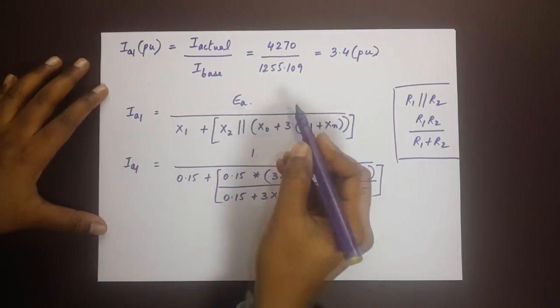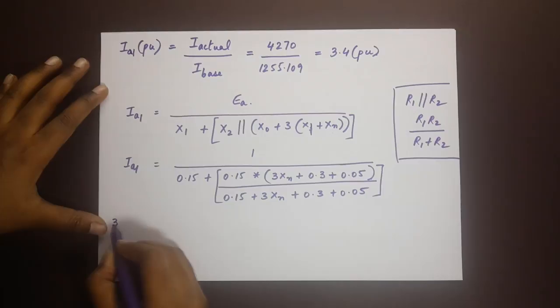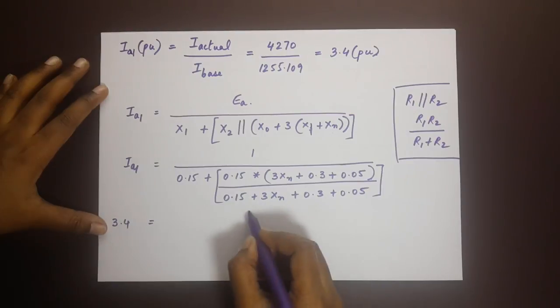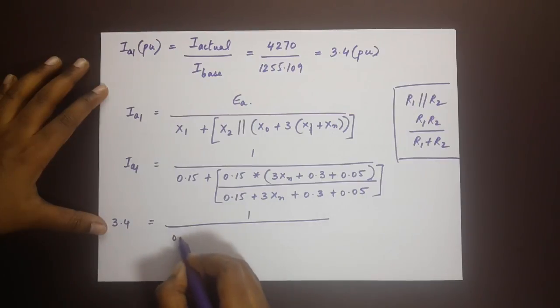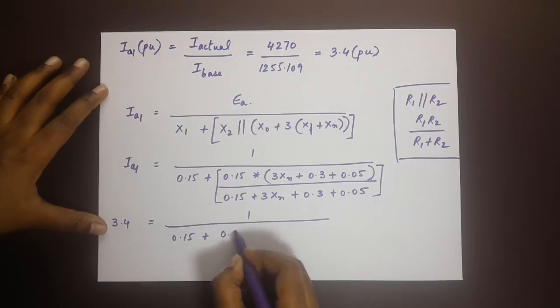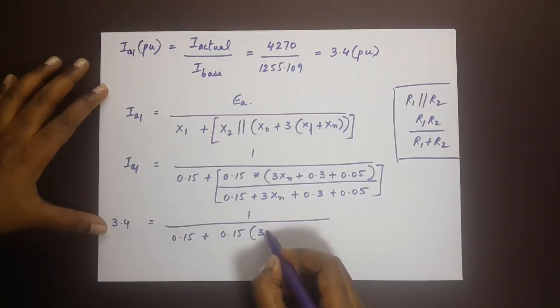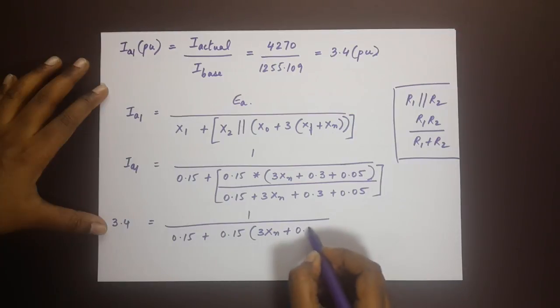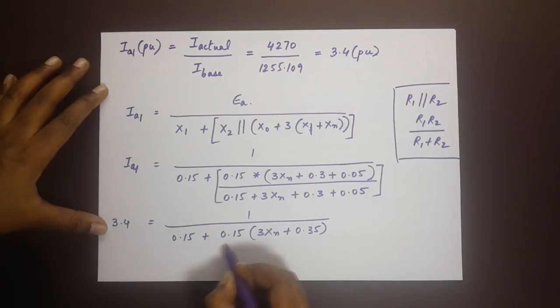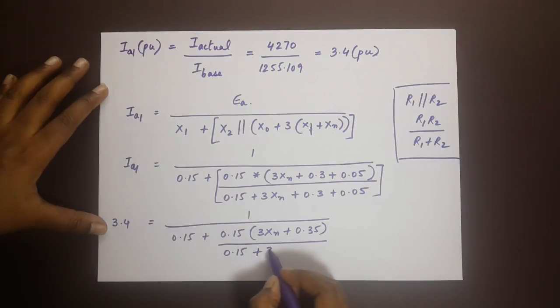This is 3.4, so let me just put that in here in the next step. So that's 3.4 is equal to 1 divided by 0.15 plus 0.15 times (3Xn plus 0.35) divided by (0.15 plus 3Xn plus 0.35). Okay, so I leave most of the solving to you because this is basic algebra.